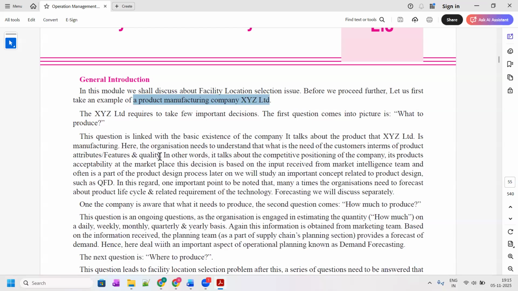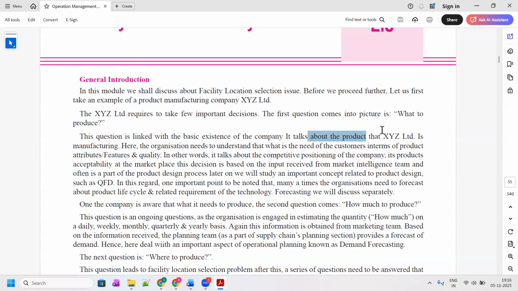What are they producing, and does it make any sense or not? So in what to produce, that basically means to decide what product the company will make. The company is thinking about what product they can make.